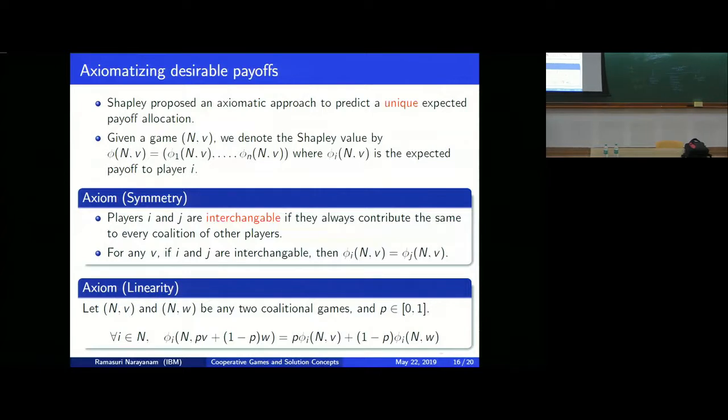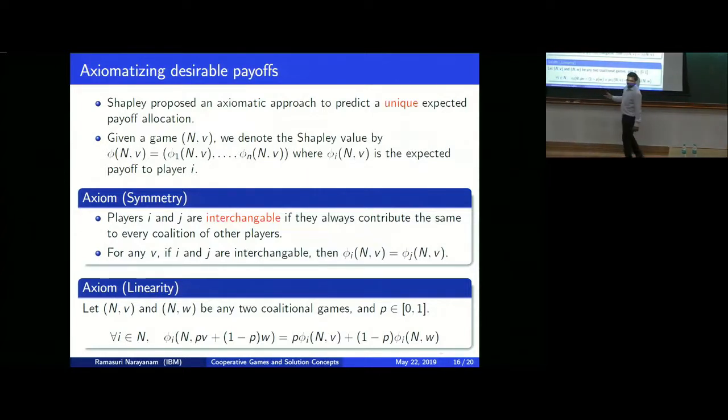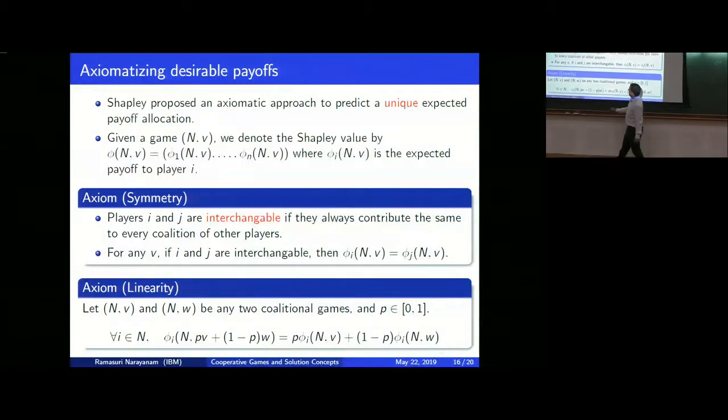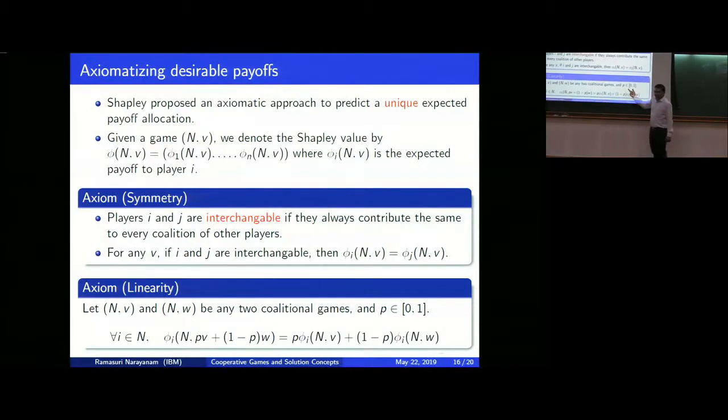Consider two cooperative game instances, N comma v and N comma w, on the same set of players N. Consider any p between 0 and 1.